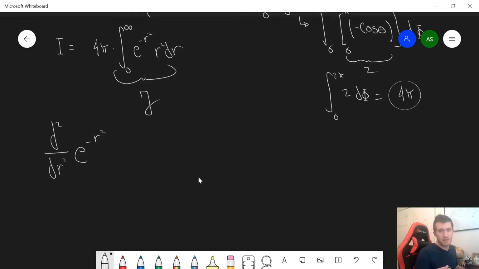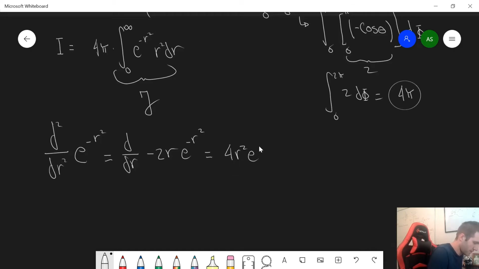Well, that is simply equal to the derivative of this with respect to r, which is just negative 2r e raised to the negative r squared. And if we take the derivative again and use the product rule, then we have just 4r squared e raised to the negative r squared minus 2e raised to the negative r squared.